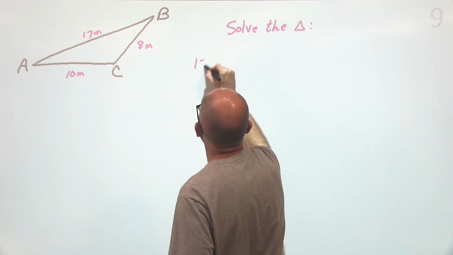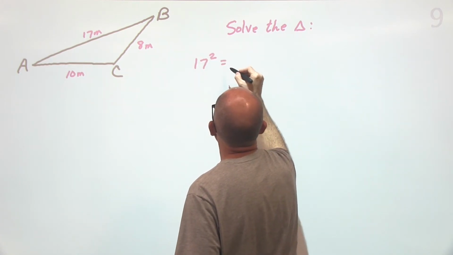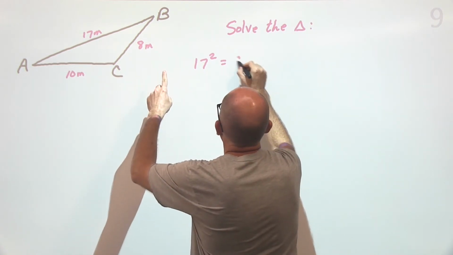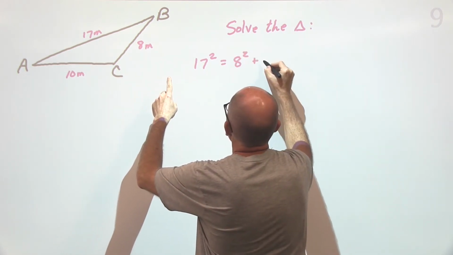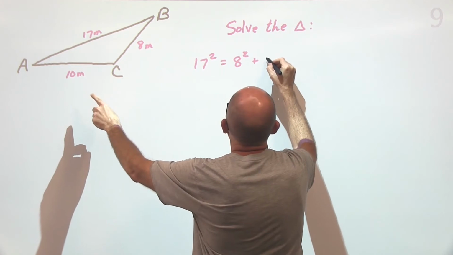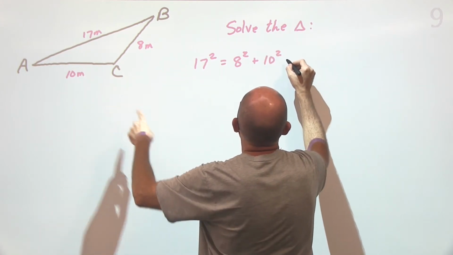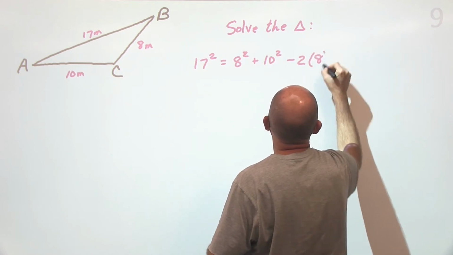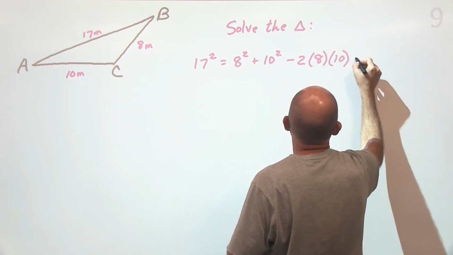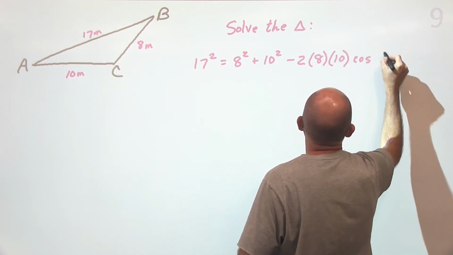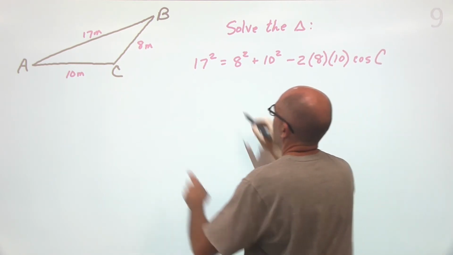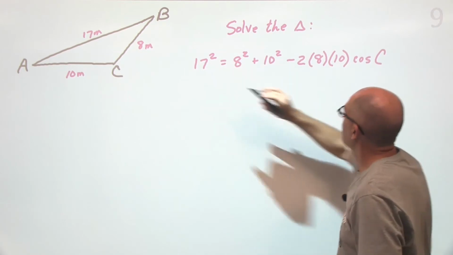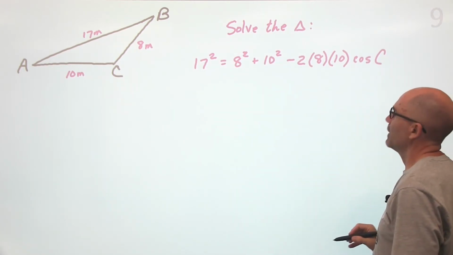C squared equals a squared plus b squared minus 2ab cosine angle C. See, I have 17 on the left, so angle C has to be the cosine angle.